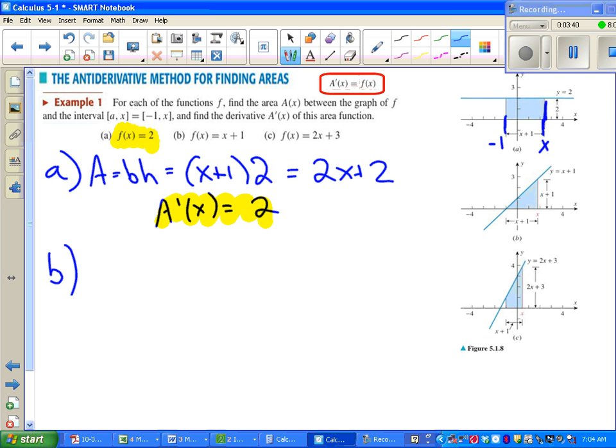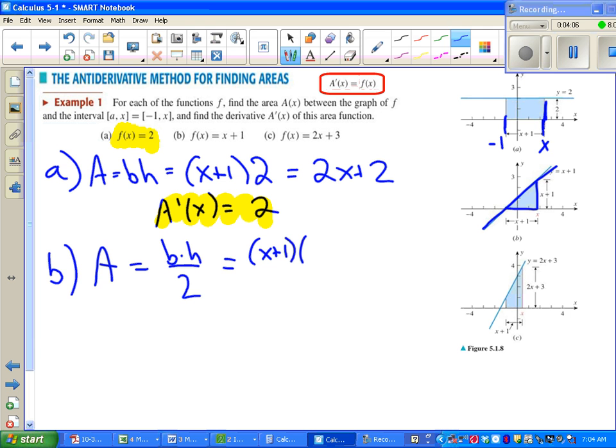Part B, we're looking at the graph of f of x equals x plus 1. We know the area of a triangle is base times height over 2, and we can see this is a triangle. Once again, our base is x plus 1 for the same reasons as part A. Our height varies.